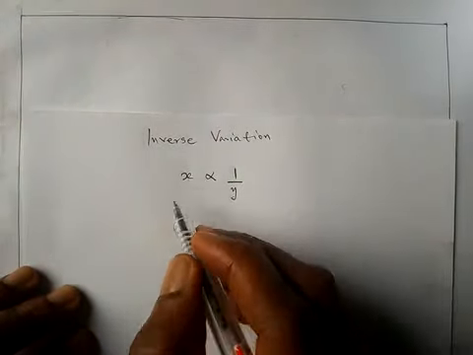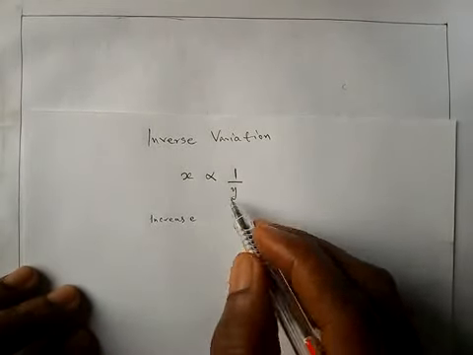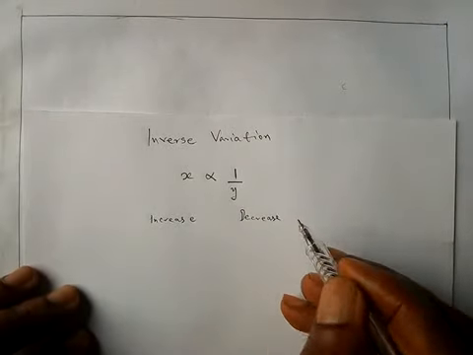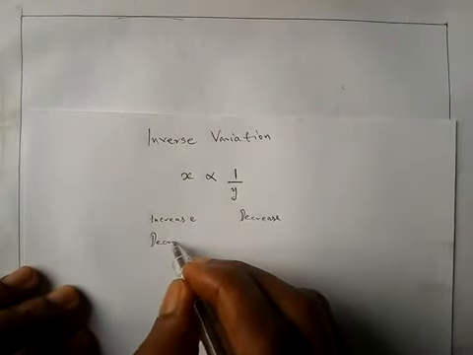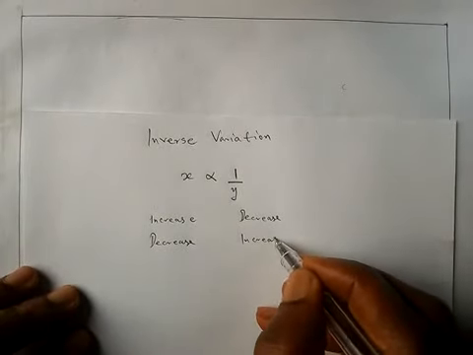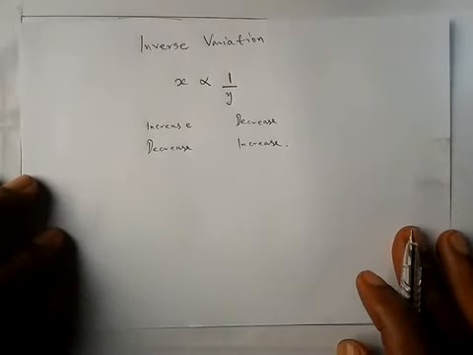What this means is that if you increase s, the corresponding value of y will decrease. Okay, then if you decrease s, the corresponding value of y will increase. Okay, so let's take the first question.